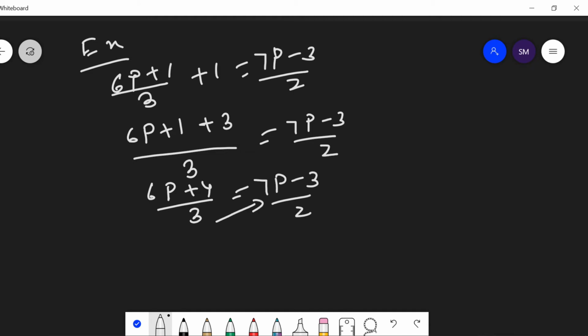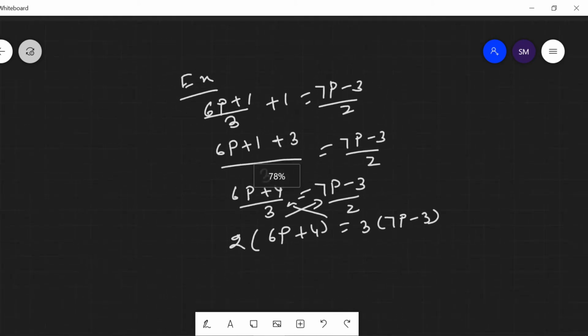Here you use the method of cross multiplication. This means 2 is at the denominator in RHS, shift it to the LHS and multiply with the variables. Then this is 3 into 7p minus 3. Let us multiply and solve it.